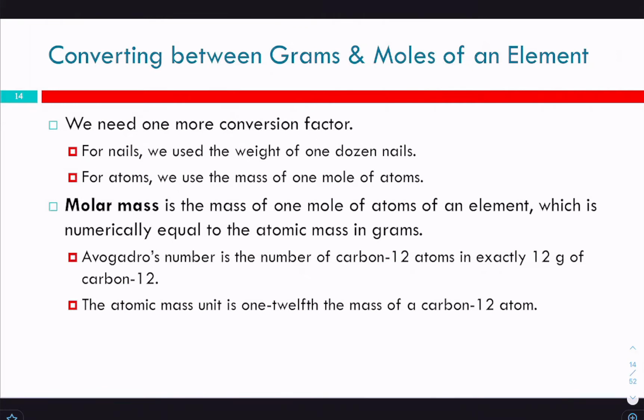So the next conversion factor that we need, just like we use for nails the weight of 1 dozen nails, for atoms we use the mass of 1 mole of atoms. So we're going to use a relationship called molar mass, and it's the mass of 1 mole of atoms. And it's specific to each element.